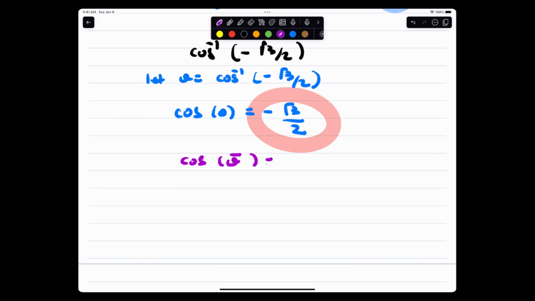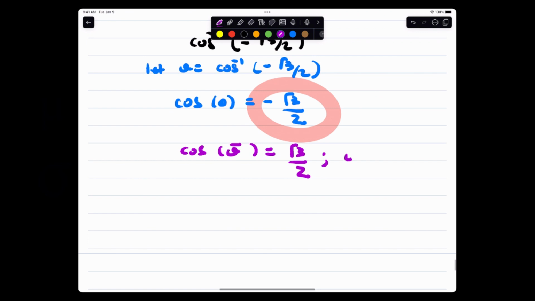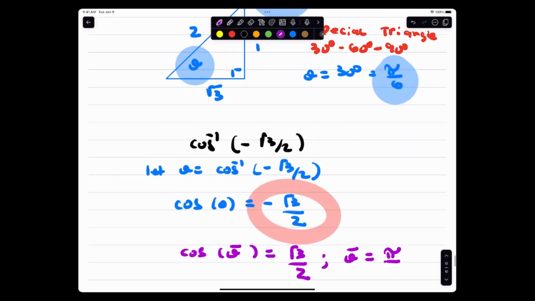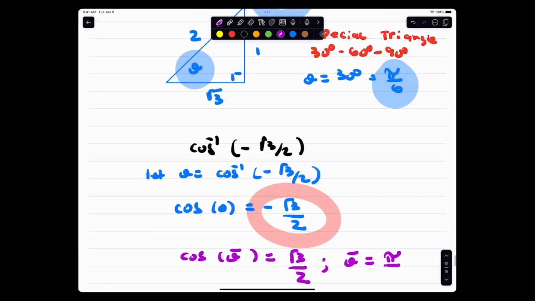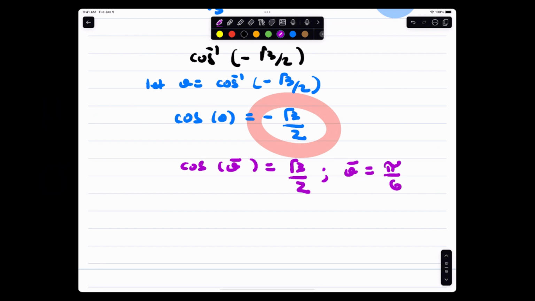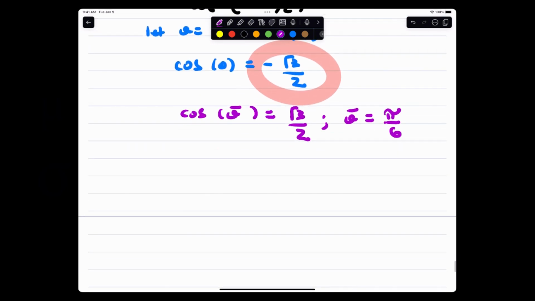That reference angle is the quadrant 1 angle. You already know from the prior example that the reference angle is pi over 6. Is that true? However, this is cosine.